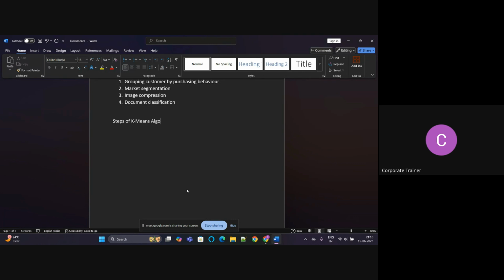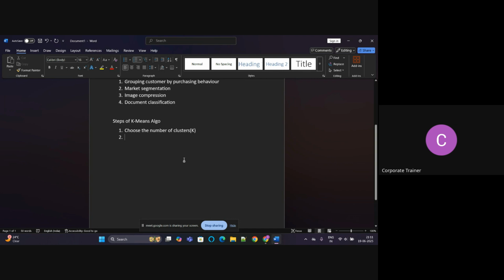First, you have to choose the number of clusters, which is denoted by K.